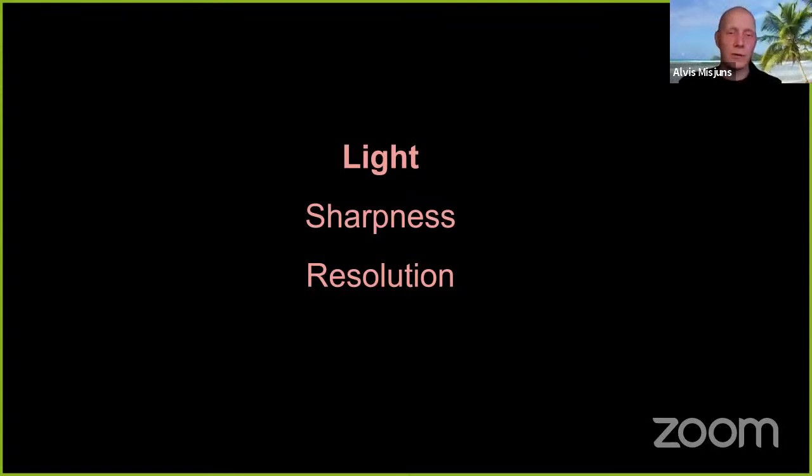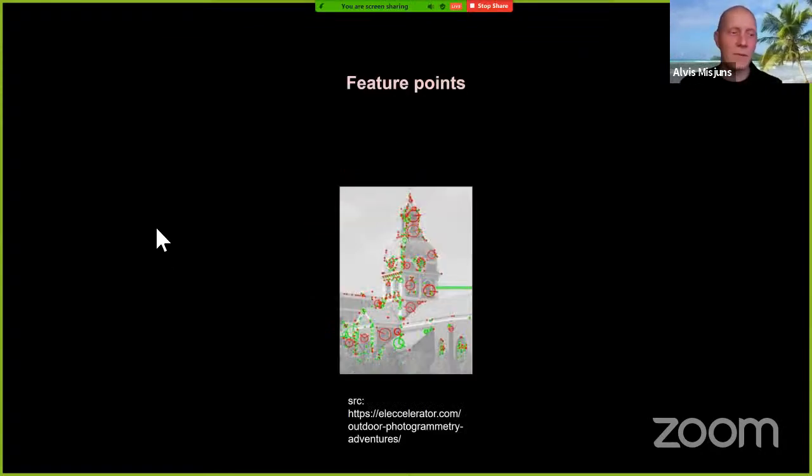All right, and as I mentioned before, the feature points. Here's just an illustrative image of how the computer sees your image. It tries to distinguish unique groups of pixels. You can check out that site underneath. It explains really technically well how it works, and it really helps to understand what and how to photograph to achieve the best results.